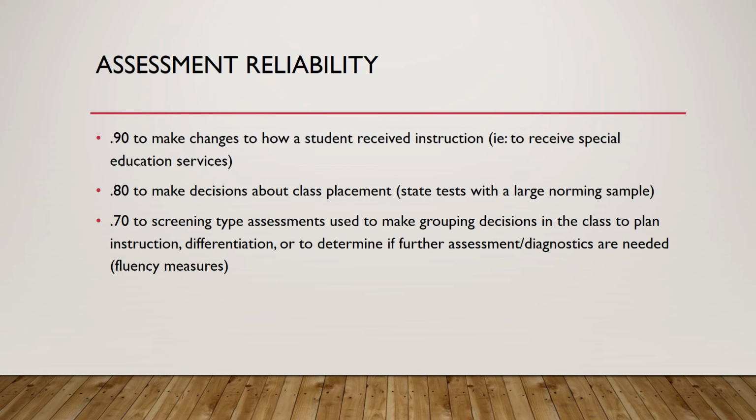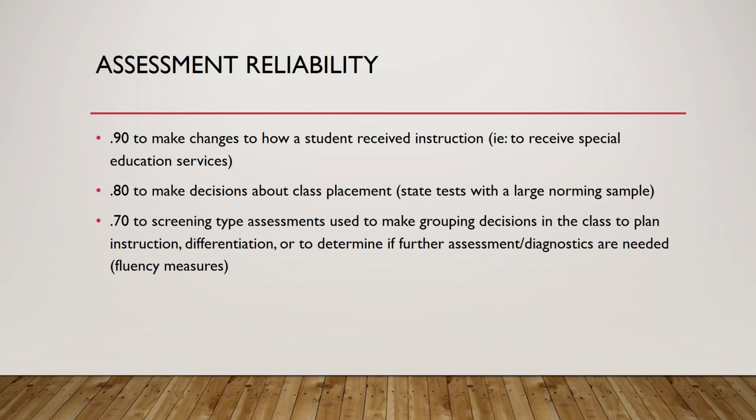So if you think about fluency measurements, if any of you give DIBELS assessments or AimsWeb or the FAST or a CBM in your classroom where you're measuring oral reading fluency, the chances of a student scoring the exact number or close to the same number are not that great. I mean, they can get close, but not at 0.90. 0.70 is what those are.